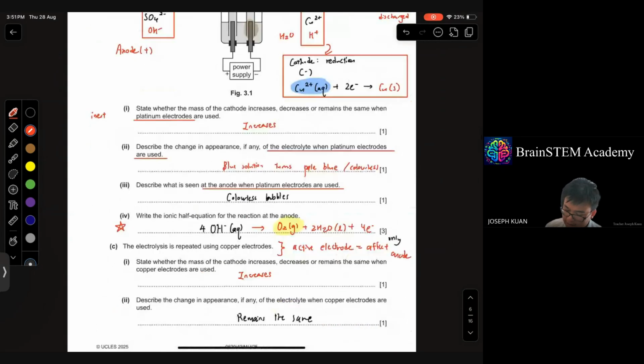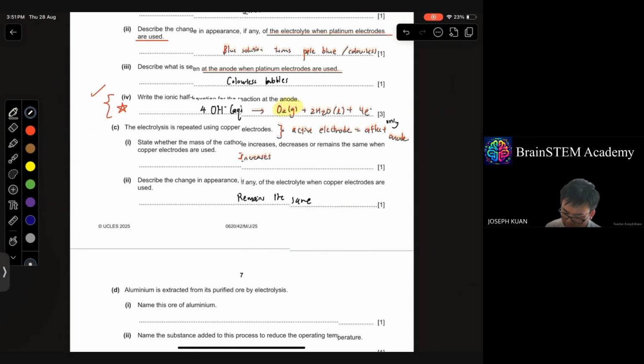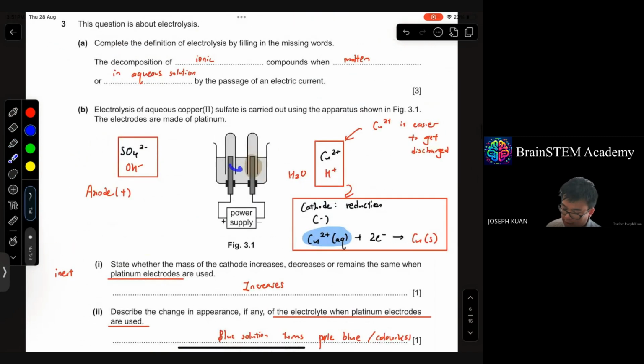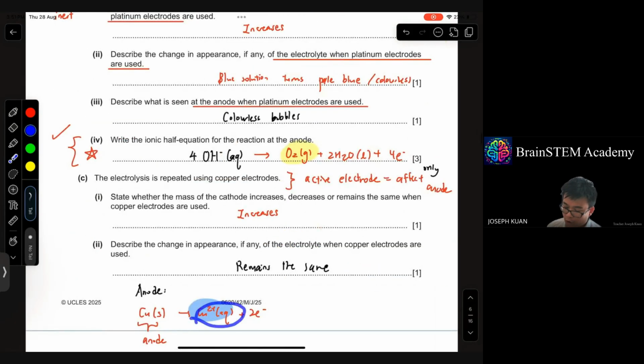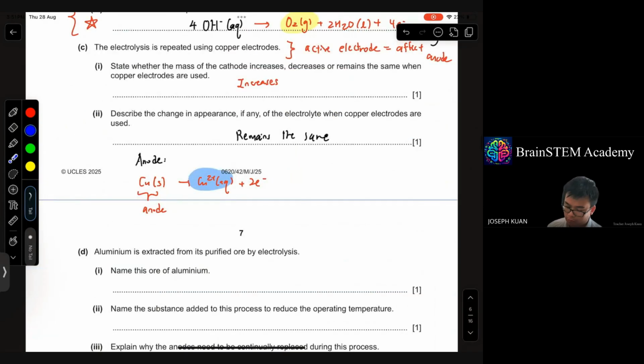Because instead of hydroxide getting discharged, as in this answer, a completely different reaction happens at the anode, in which it will be the copper anode itself that oxidizes and form back copper 2 ions, which then make sure that the copper 2 ion in a solution never runs out. We have one side where copper 2 is removed, however, copper 2 is supplied back by the anode.